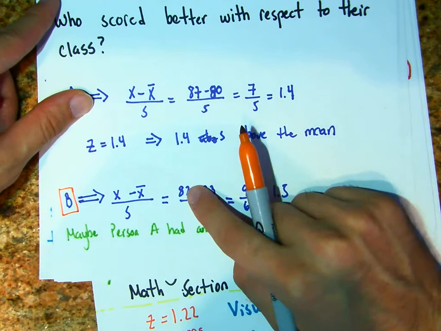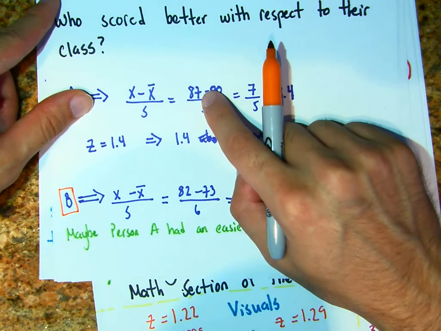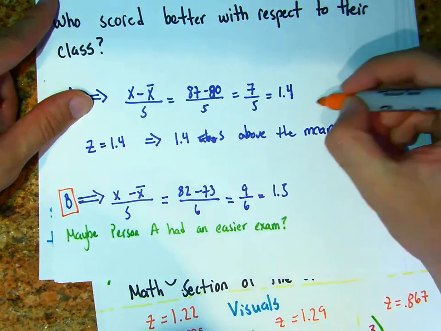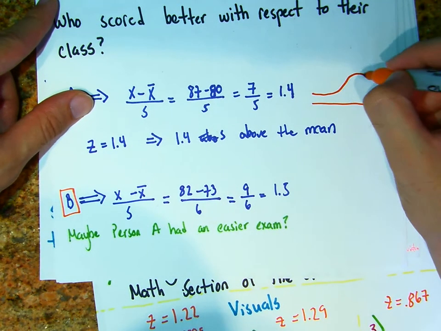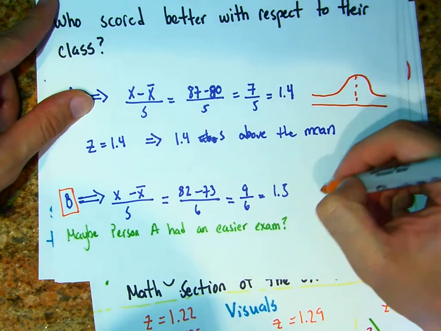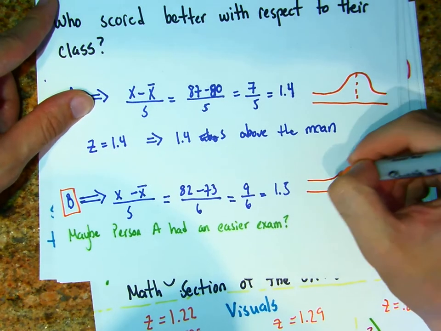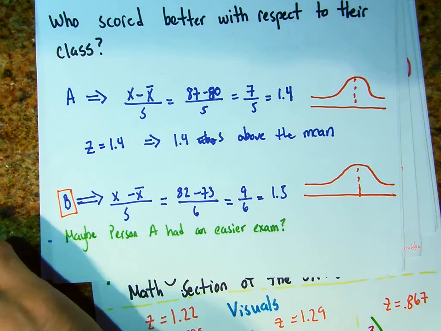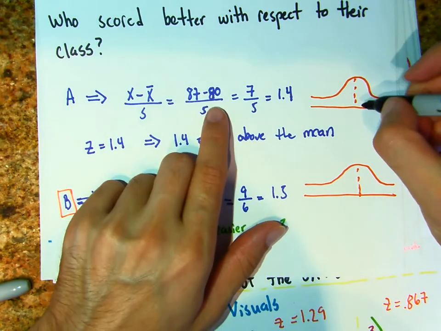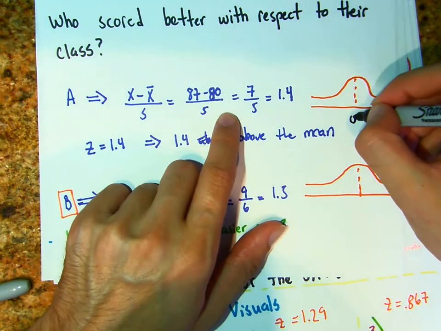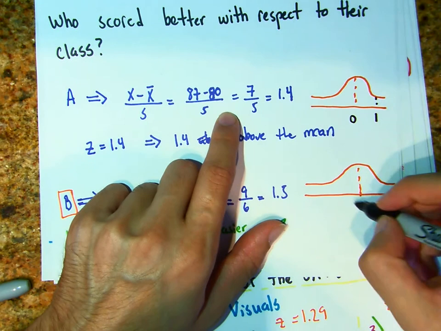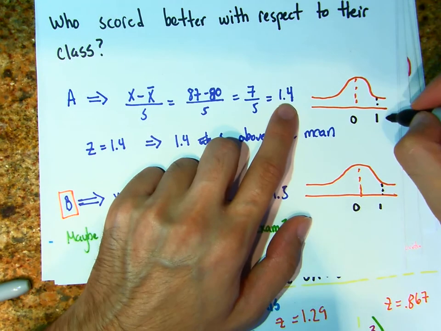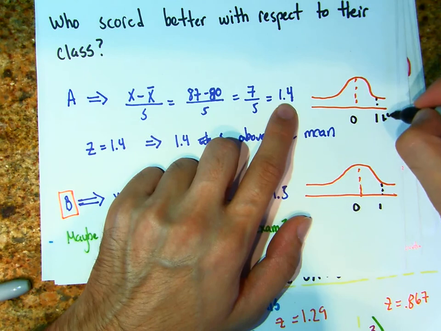Even though they got a lower score than this student, they did better with respect to their class, because if I were to show some sort of normal distribution, right, for each one of these students, notice here, what is the mean over here? The mean is that this is 0, and this is 1, and this is 0, and this is 1. This is 1.4.